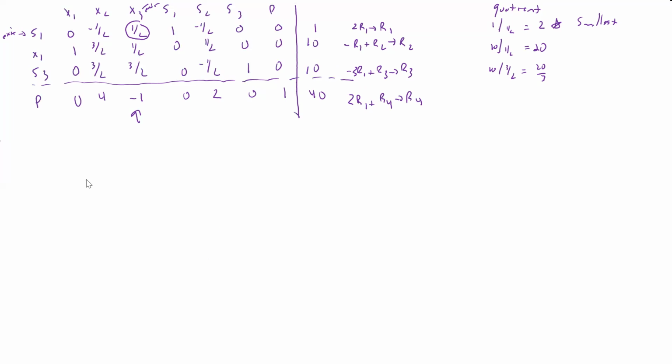All right, so when we do that, now that's going to be x3, x1, s3, p, and now our x1s, we're just going to keep all that stuff the same up there. And so when we do that, what we're going to have to do is take 2 times that first row.